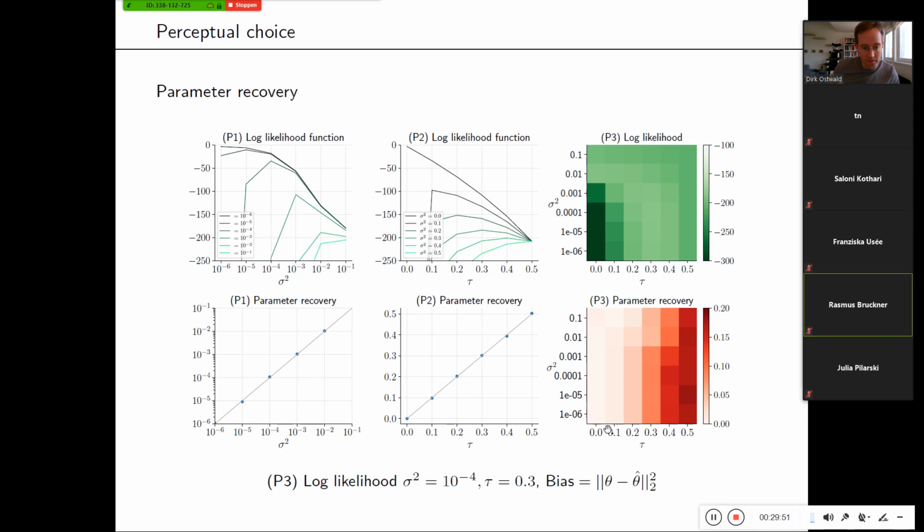And you can, in a way, also see here, if you are somewhere where the noise is relatively low, then you get relatively good parameter recovery. If you go to high noise scenarios, actually the parameter recovery gets bad in this case. This is quite interesting here, because here you have a high noise scenario, but the parameter recovery works quite well. Yeah?